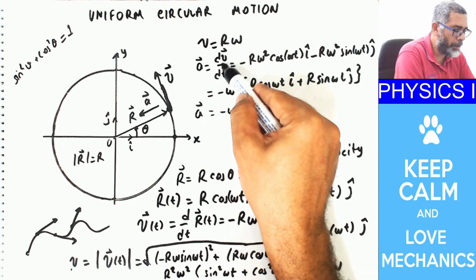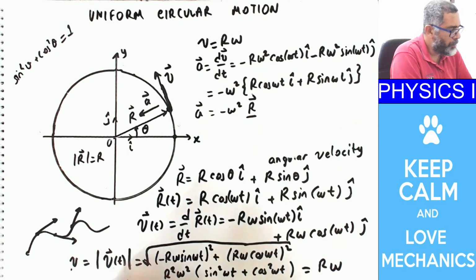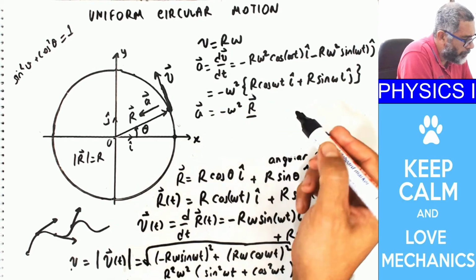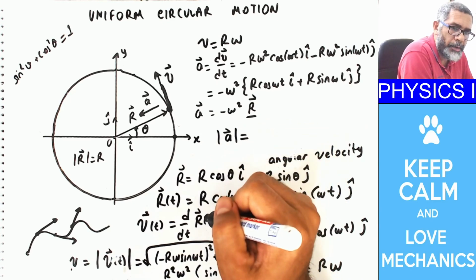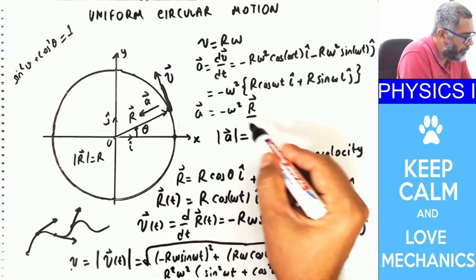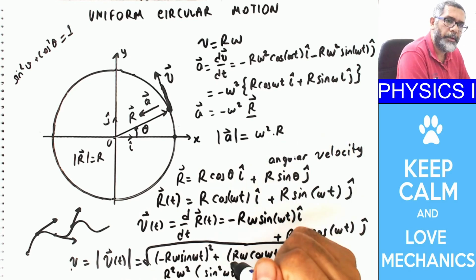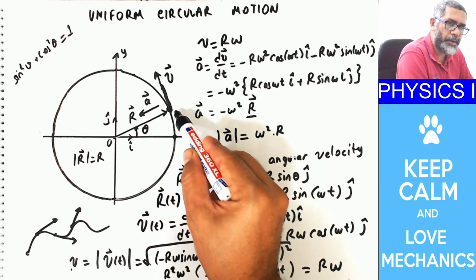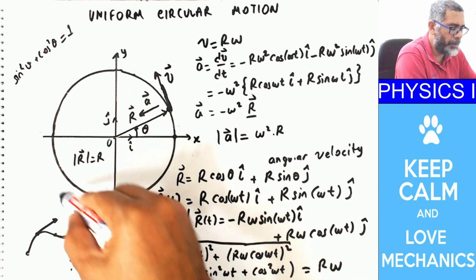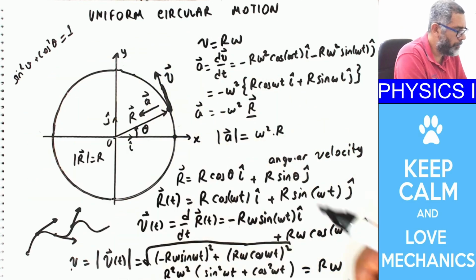Whenever you have a measurable change in the velocity vector, then you have a non-zero acceleration. So let's talk about its magnitude. If you take the magnitude of the acceleration vector, it's going to be just omega squared times r, right? Because the magnitude of the position vector is nothing but the radius of the circle, the trajectory of the circulating object.